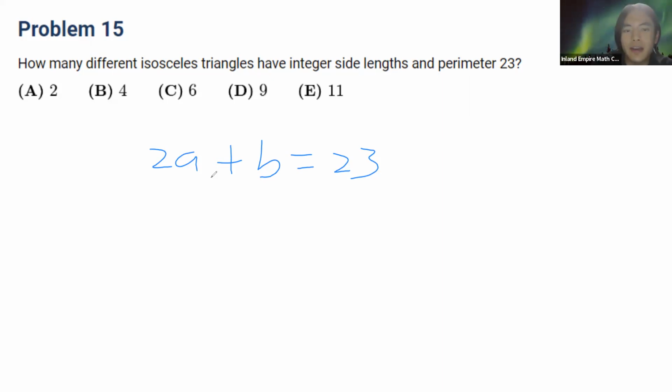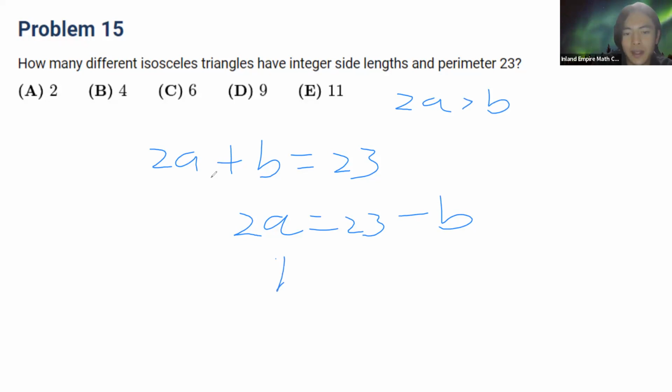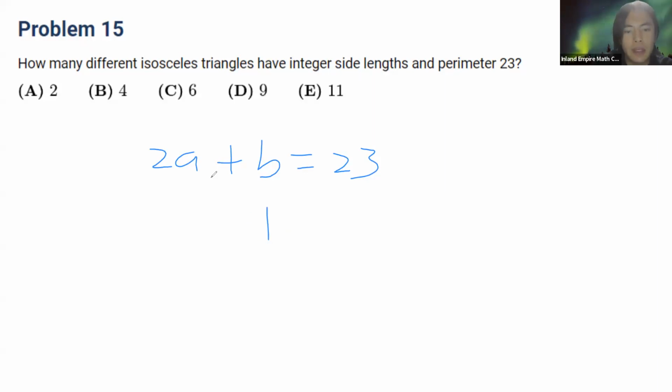But then what you do is you set up a new equation, right? Because these 2a will always be greater than b, right? So what you do is you solve for 2a, you get 23 minus b. Actually, I think a better way to write this would be b equals 23 minus 2a.